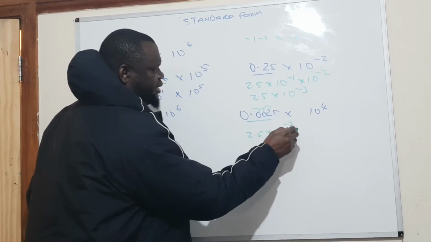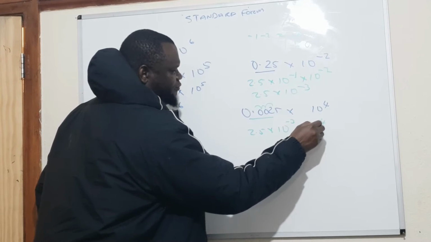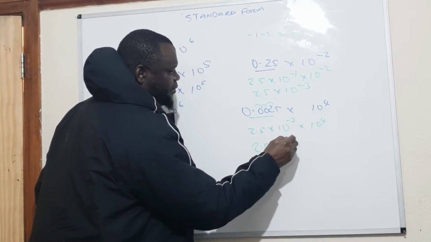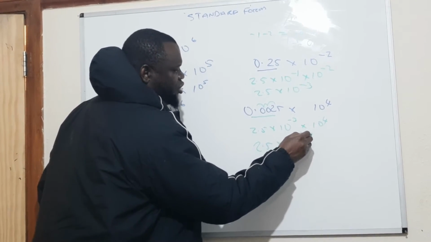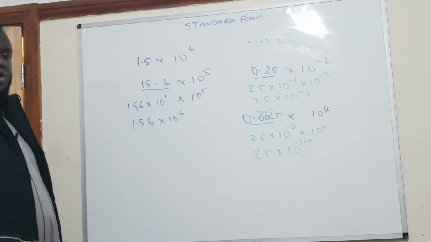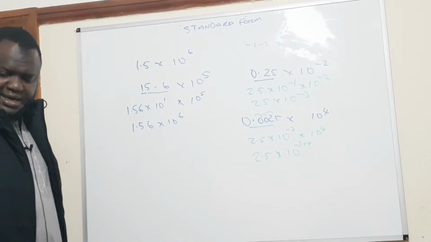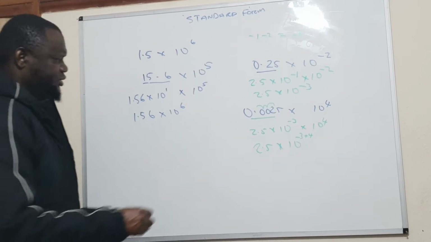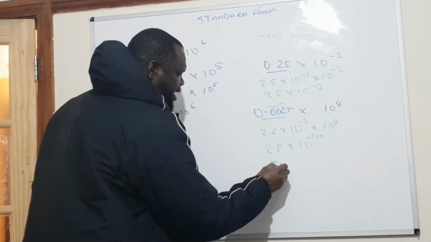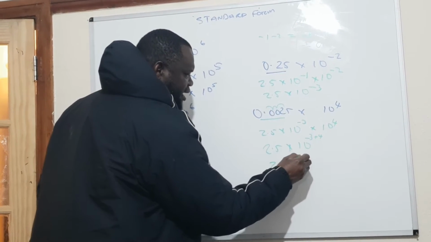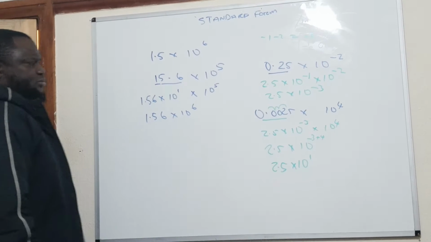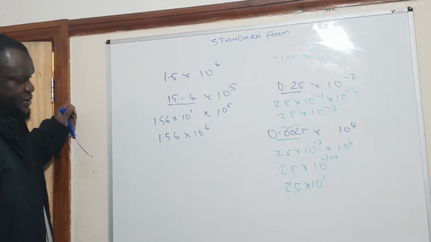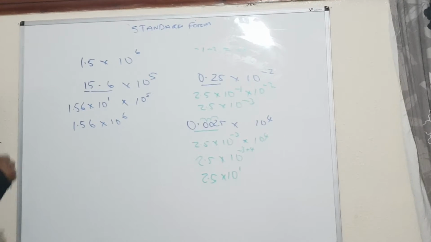Then times 10 to the power 4. Then this will be 2.5 times 10 to the power minus 3 plus 4. Why plus 4? Because when we multiply, you add the indices, the powers. So this will be 2.5 times 10 to the power 1. So beware of these tricks.